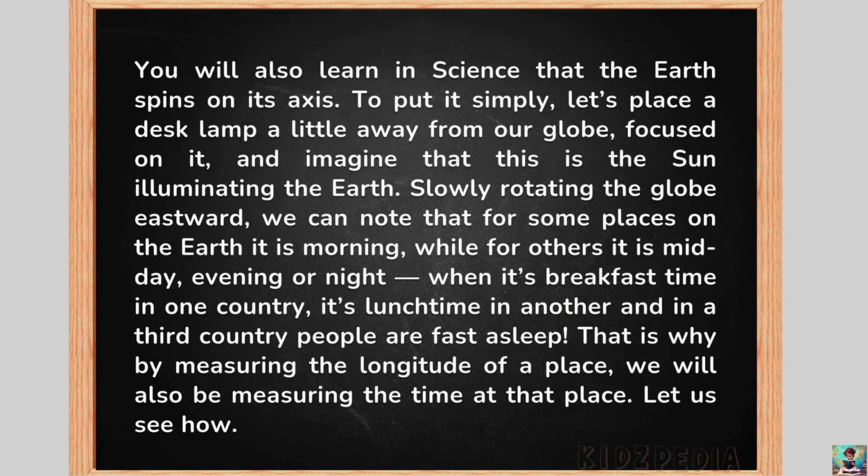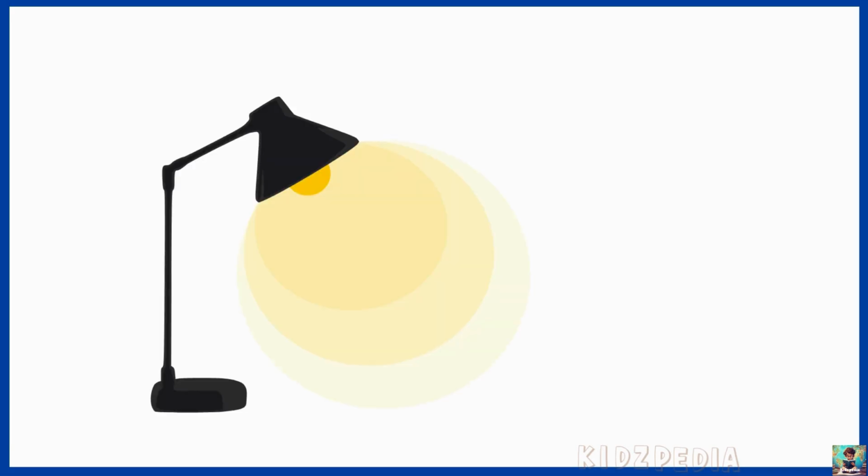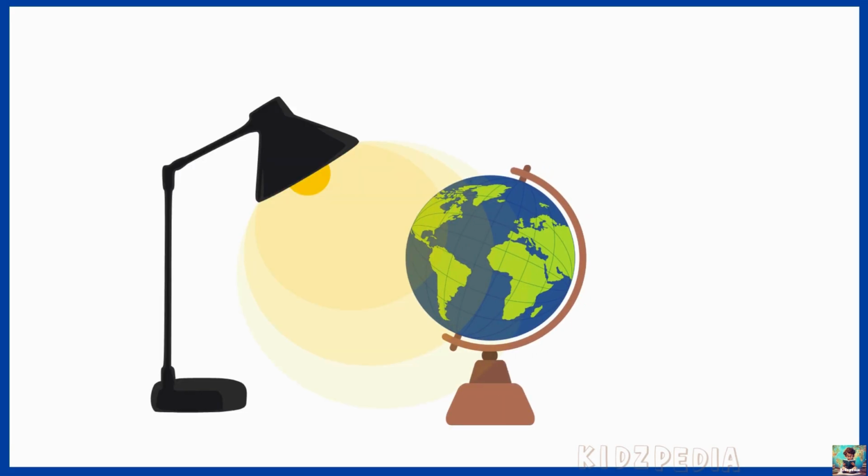Let us see how. So we will be learning in science that the Earth spins around an imaginary line called its axis. To understand this better, let's try a simple activity. Place a desk lamp a little away from a globe and shine its light on the globe. The lamp acts like the sun and the globe represents the Earth.